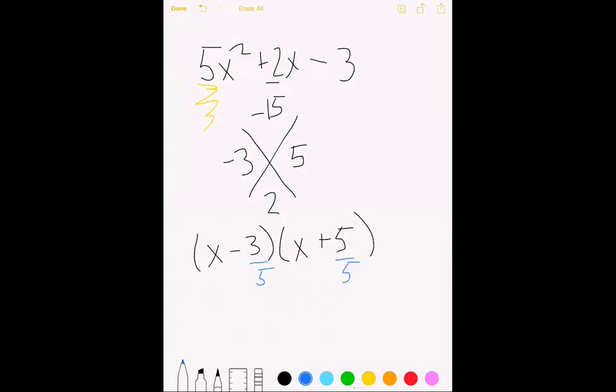Can I simplify the first thing? No. So then we slide that number to the front. So we would have 5x minus 3. And the second one, can we simplify it? To 1. Yeah, we would have x plus 1.